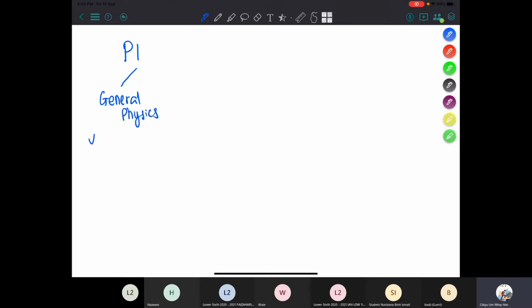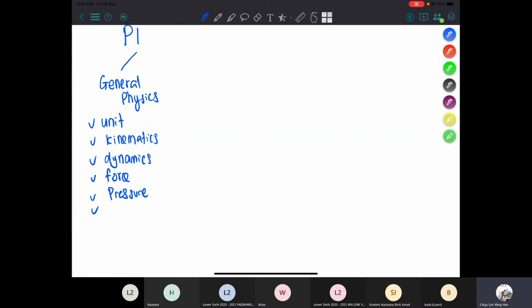General physics includes a lot of things, like the units, kinematics, and dynamics. There's a lot of stuff in kinematics, and then we also have forces, pressure, moment, and collision, which is also about momentum.